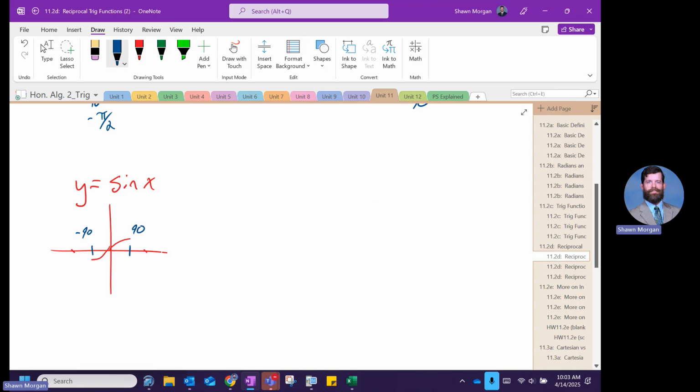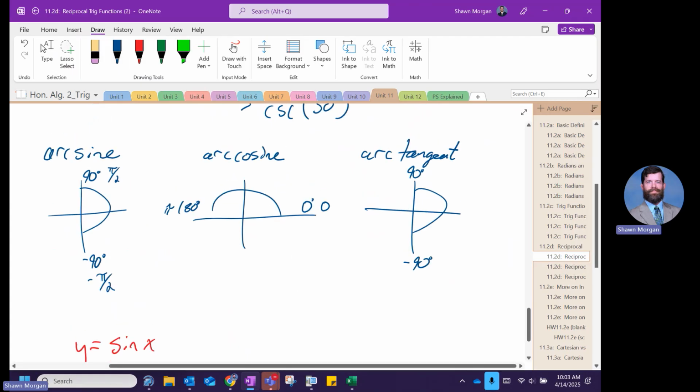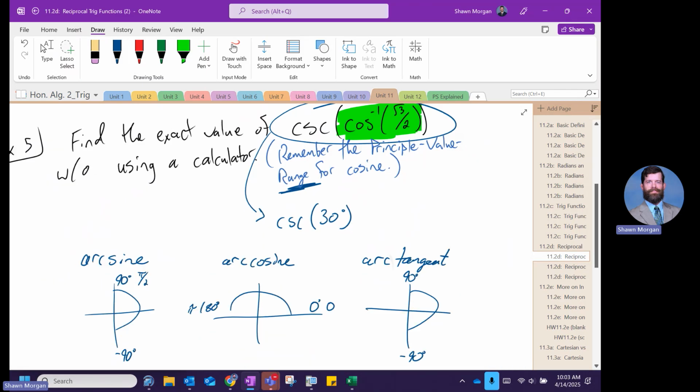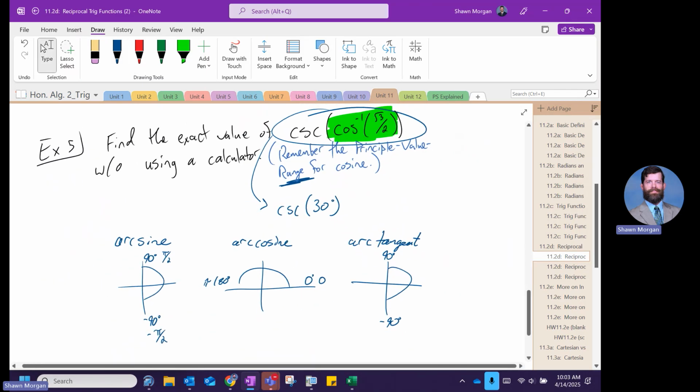By restricting the domain of the function, you are restricting the range of the inverse function. So what I'm telling you all that for is because the calculators you use are pre-programmed to only give you an answer when you employ the arc sine function, only an answer between negative 90 and positive 90 degrees. But there might be more than one answer.